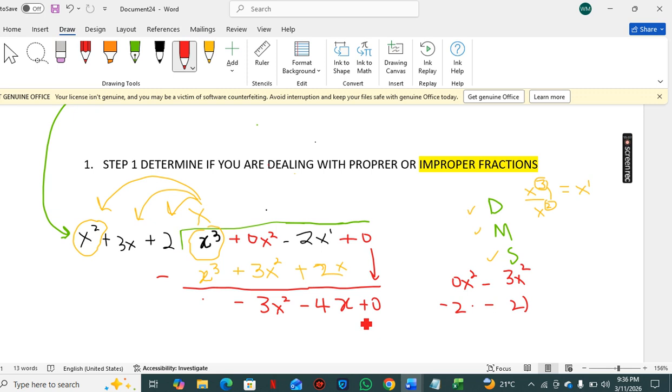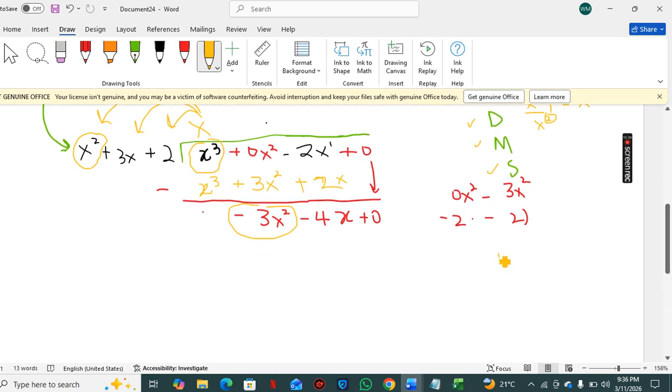The process again. Remember, divide, multiply, subtract. So we divide. What are we dividing? The leading terms. So you get this negative 3x squared. It's the leading term here, not coefficient, leading term. Here, for the divisor outside is still this x squared. So here I'll put it again: divide, multiply, subtract.